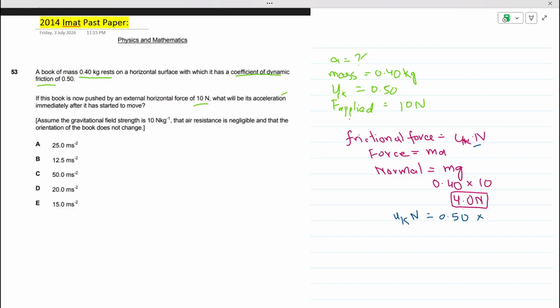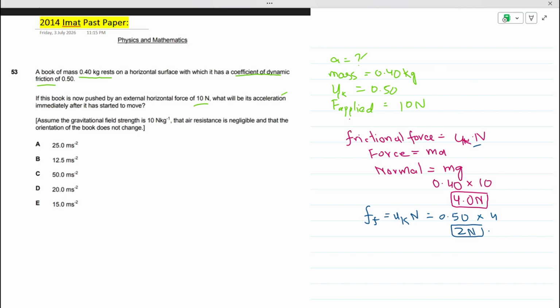So 4 into 0.5 is 2, because 0.5 is half, and if you take half of 4, it is 2. So 2 Newton is the frictional force we have gotten. FF means frictional force.